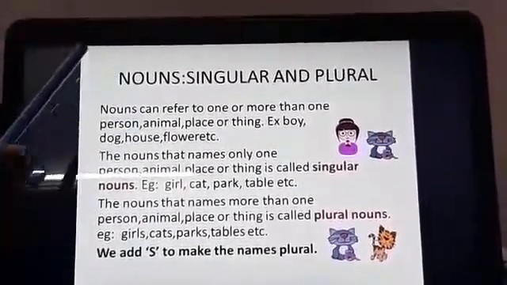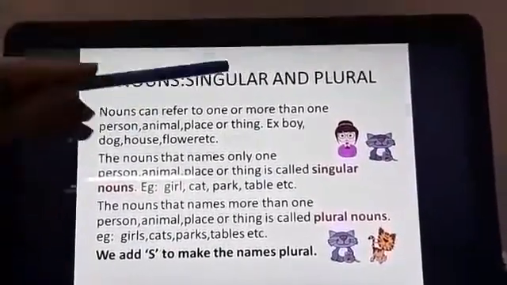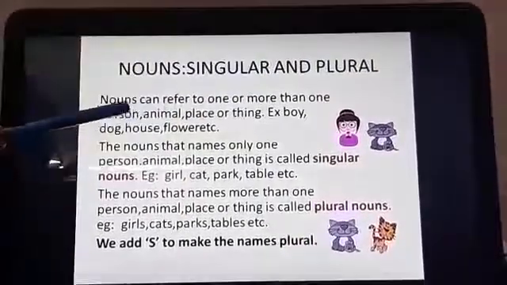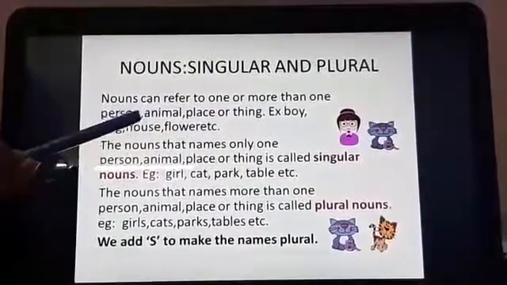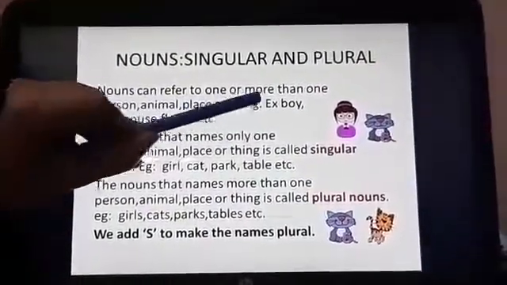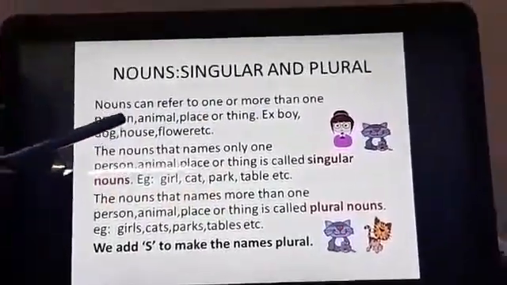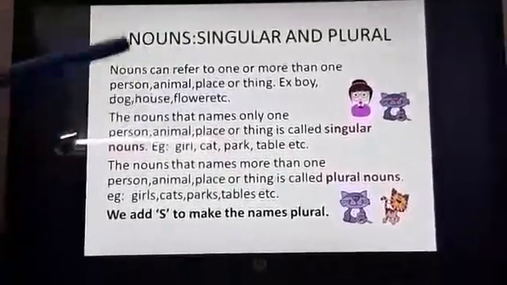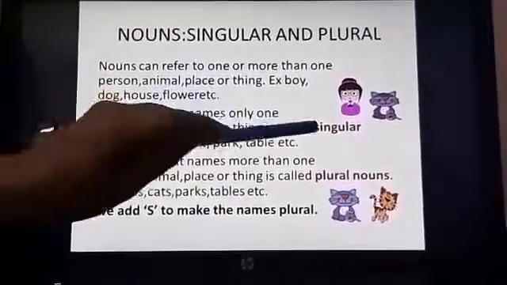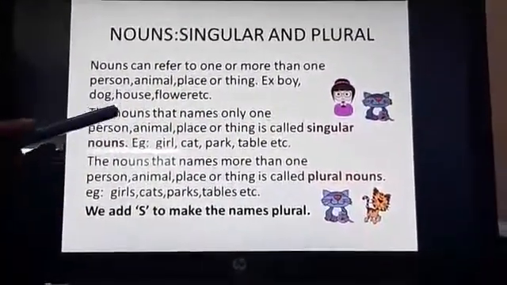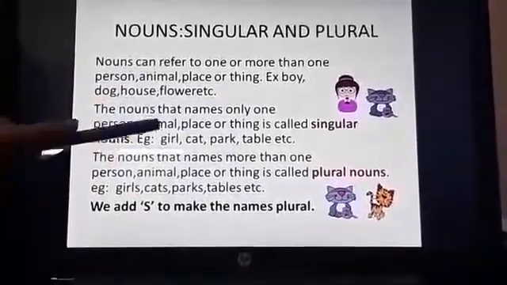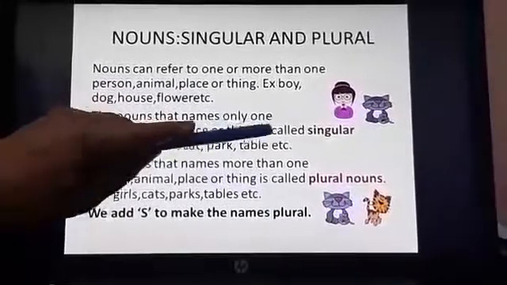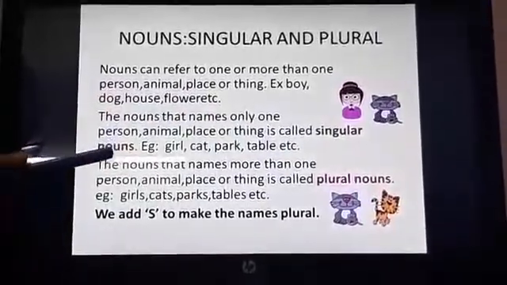So now, noun singular and plural. A noun can refer to one or more than one person, animal, place or thing. Example, boy, dog, house, flower, etc. Okay. Now what is a singular and plural noun? The nouns that name only one person, animal, place or thing are called singular nouns.